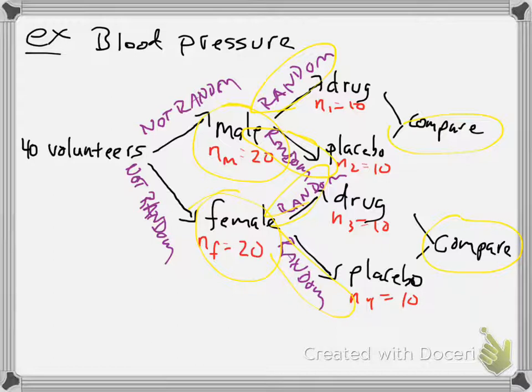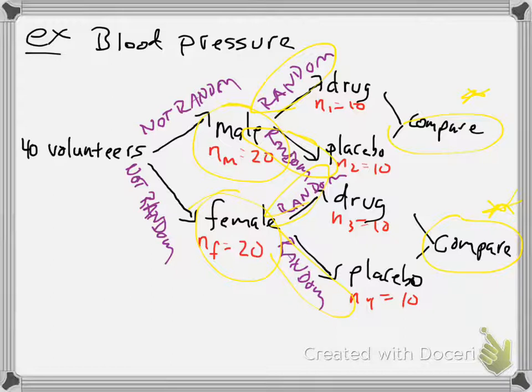And what's nice about this comparing is, let's say up here, I compare the males on the drug and the placebo, and I find out maybe there is a significant difference between the drugs. Like, the drug seems to have a good effect on males. But then I can look at the second comparison, and maybe for whatever reason, there's not a significant difference between the effect of the drug in females.